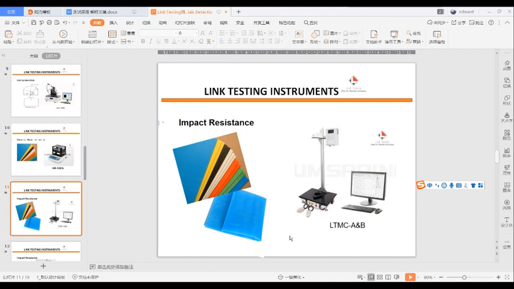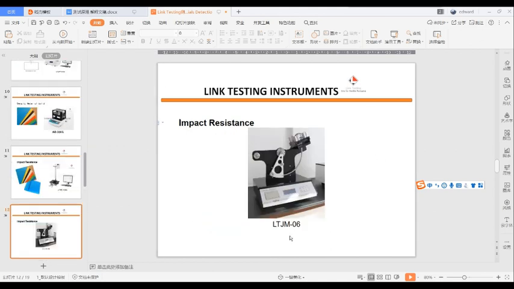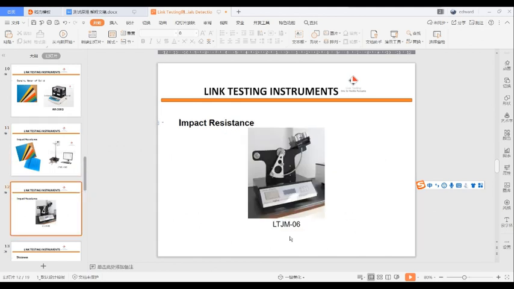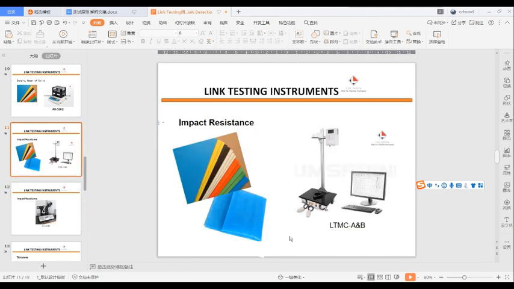Okay, next one. This is the pendulum impact tester. It's this one and this one, following different standards. With the vertical impact tester, you will get the newtons, how much force it can bear.